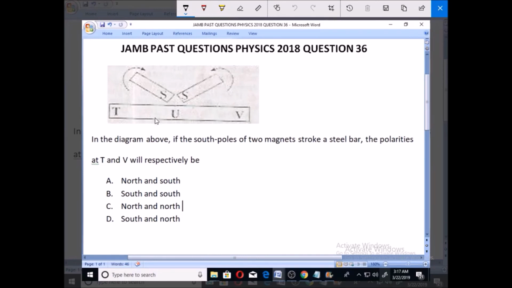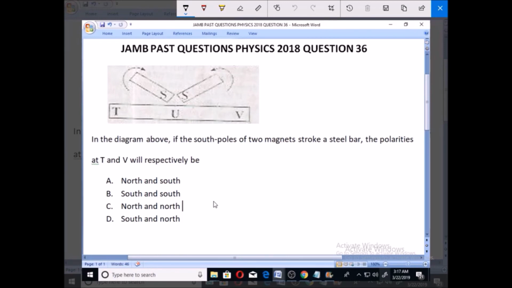Now, looking at the diagram, this is the steel bar and these are two magnets, and you can see that the pole being used to do the stroking is S and S. So when you use S to stroke, you produce at this end a north, N. So it's expected that T and V will have a polarity of north and north, because we are using S and S to do the stroking.